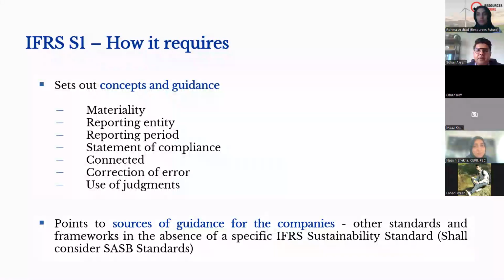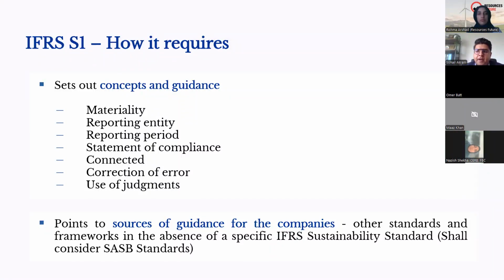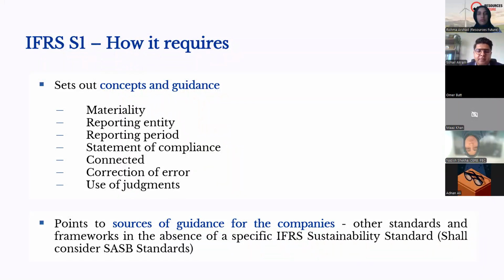So for example, we have IFRS S2 on climate-related risks and opportunities. It requires that for climate-related risks and opportunities, we need to follow IFRS S2. And we can also refer to and consider SASB standards.